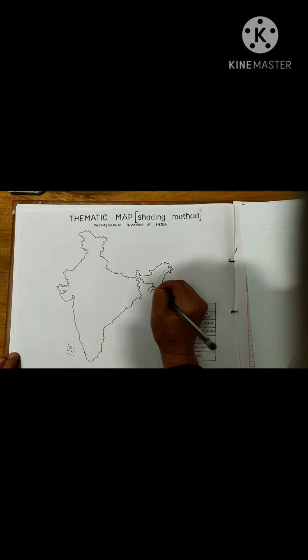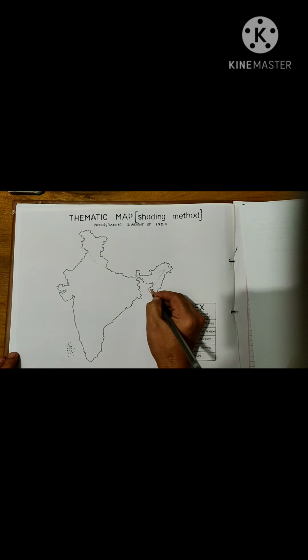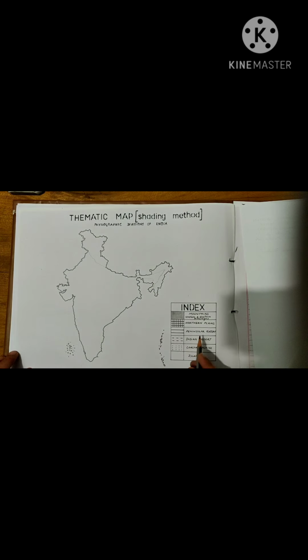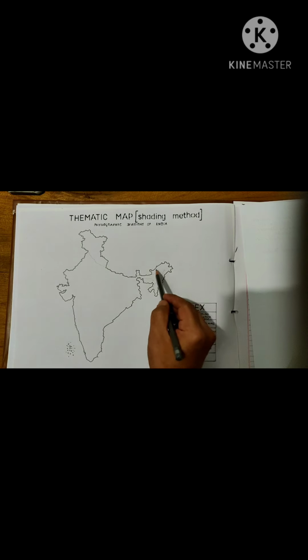We'll join here, because this Tripura area is a plain area. Since Meghalaya is here, we'll also draw some outline. That is totally a part of your peninsular India. So this is ready for your northern mountains.